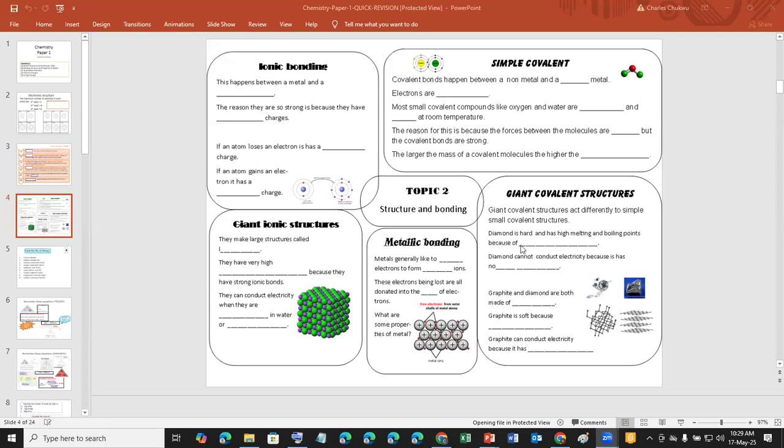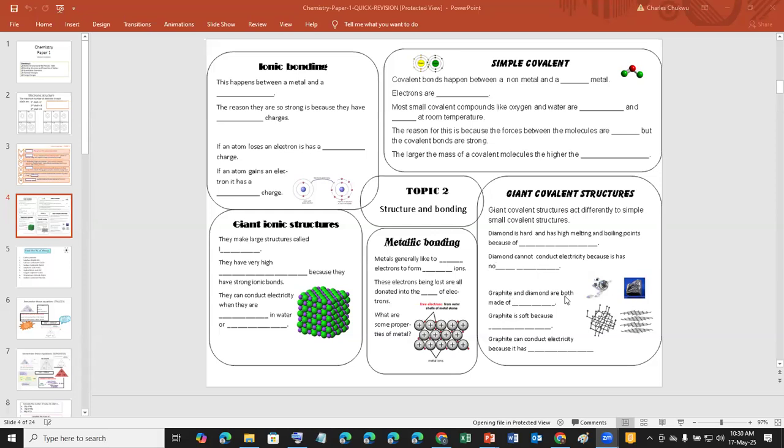Diamond is hard and has a high melting point and boiling point as a result of the strong covalent bonds, and there's a crystal lattice that is formed. Now we must observe that diamond cannot conduct electricity because it doesn't have any free electrons. There are no free electrons in it.